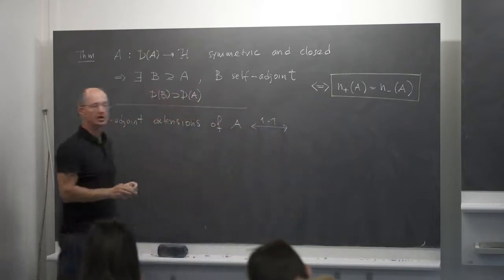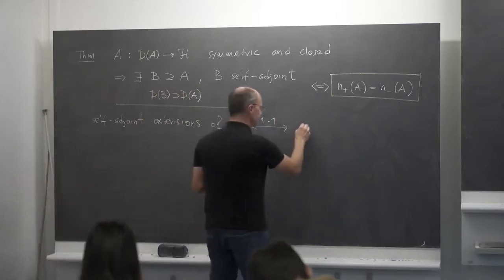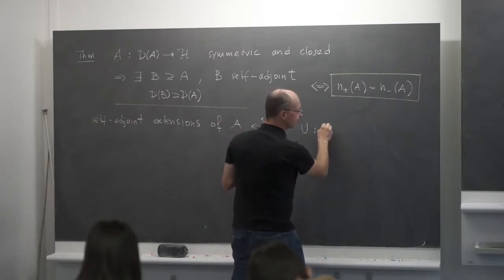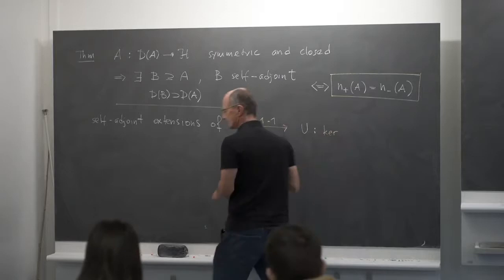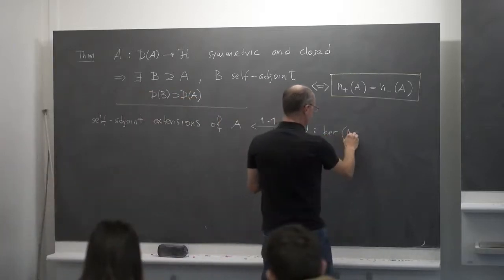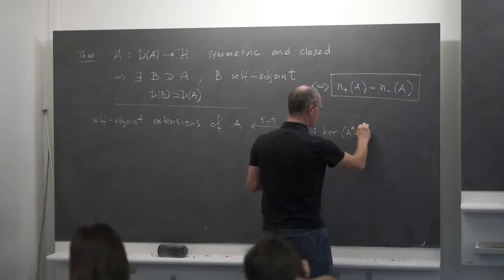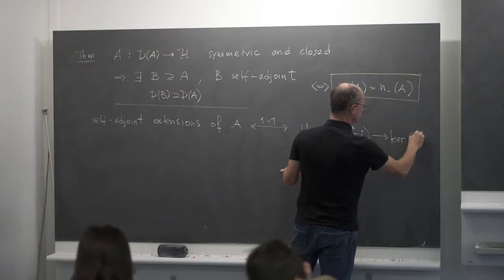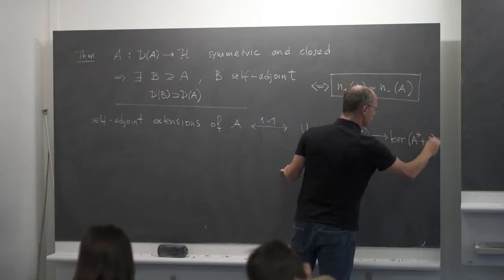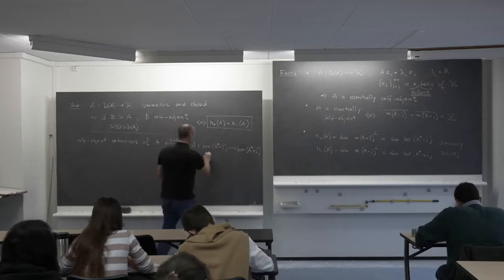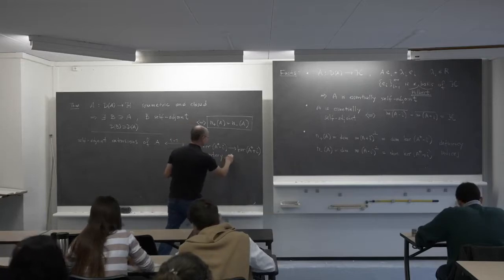are in one-to-one correspondence with operators U, which map, let me decide what they map where. Let's say they map the kernel of A star minus I to the kernel of A star plus I. Now, these are subspaces of the same dimension, and we require U to be unitary.